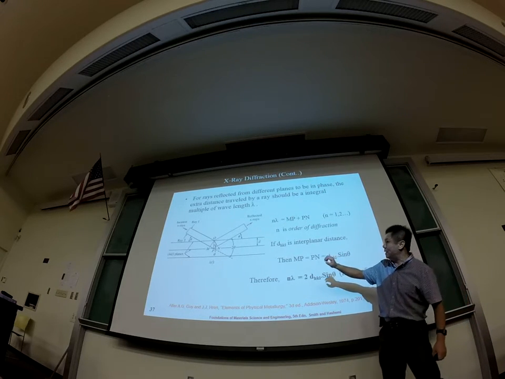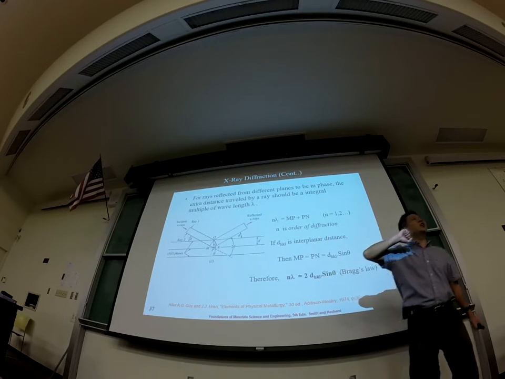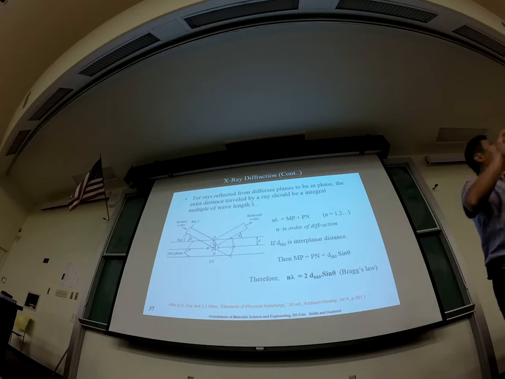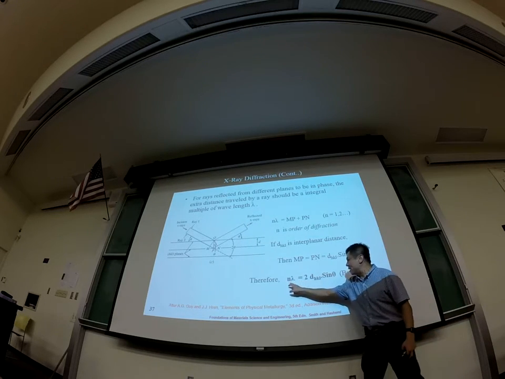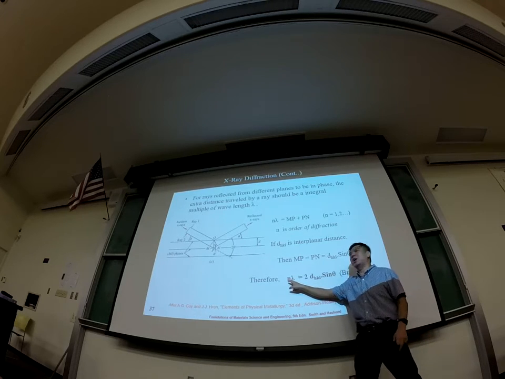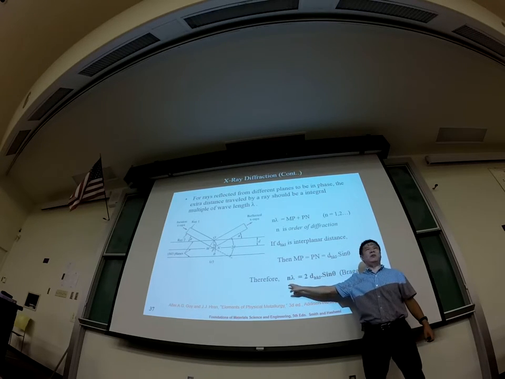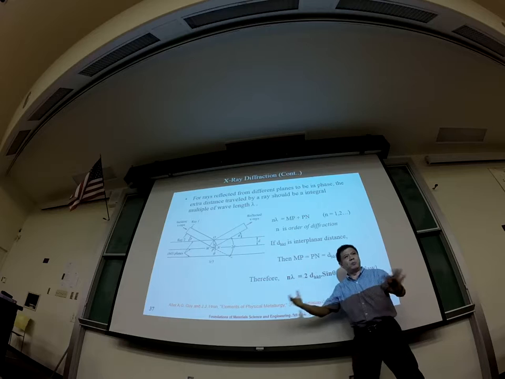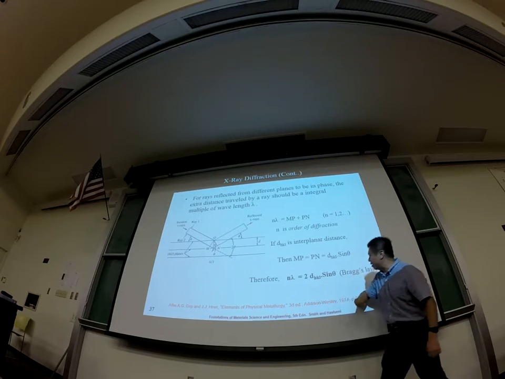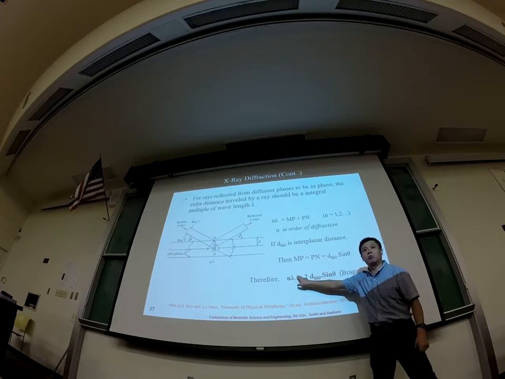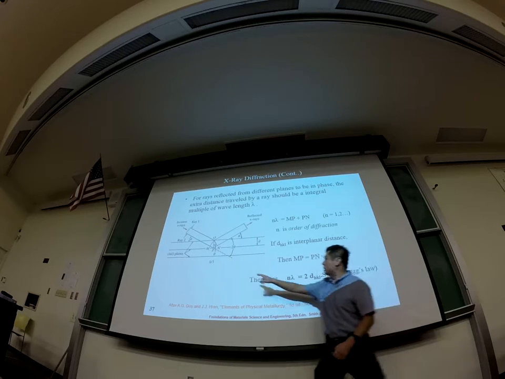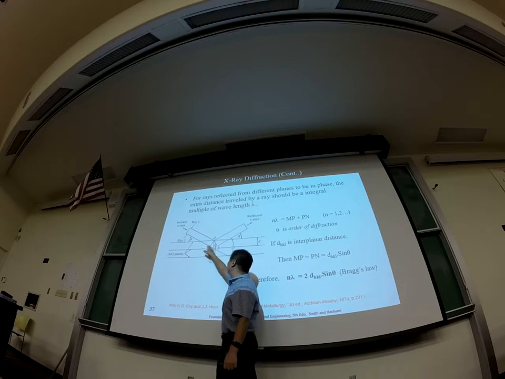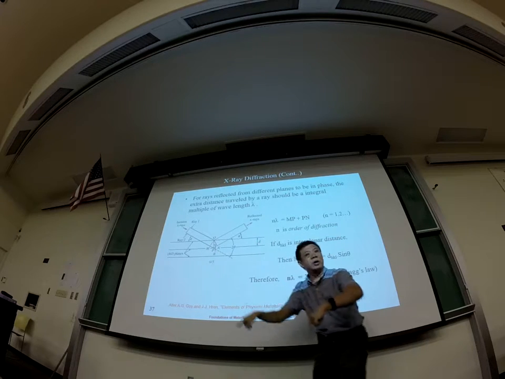So when constructive interference occurs, we know that the wavelength of the X-ray times an integer, which could be 1, 2, 3, 4, but it needs to be an integer here, should equal the distance difference between Ray 1 and Ray 2, right?